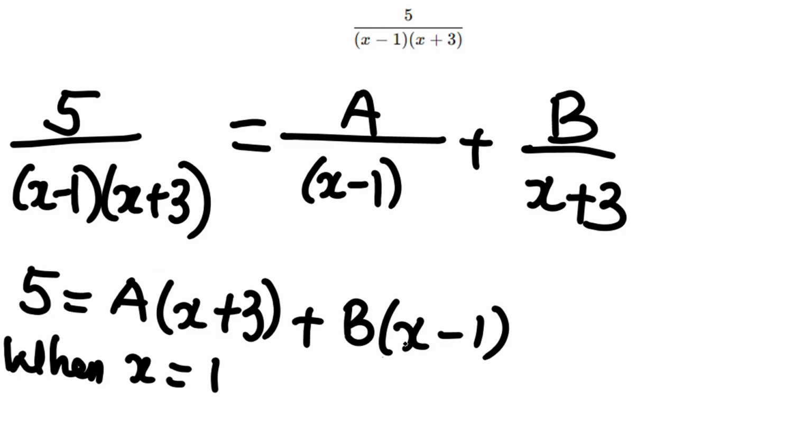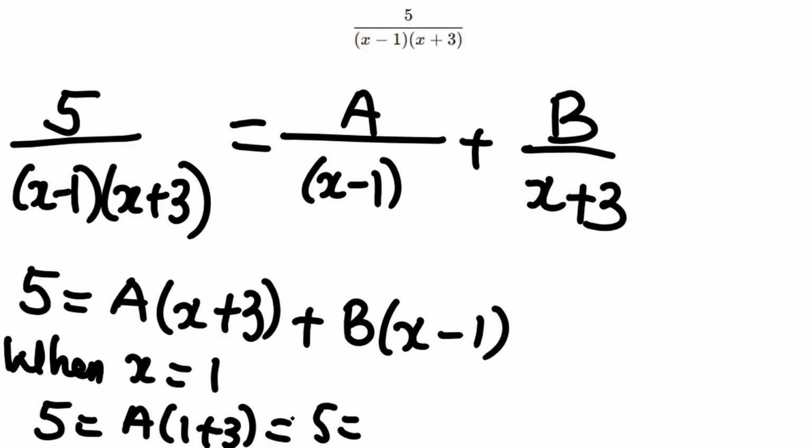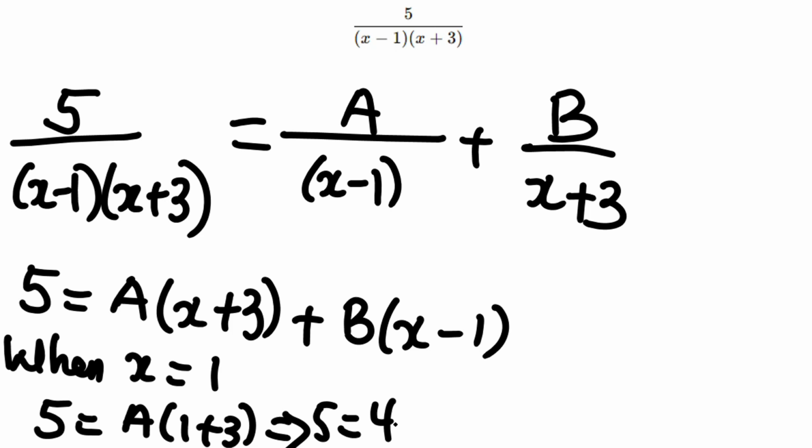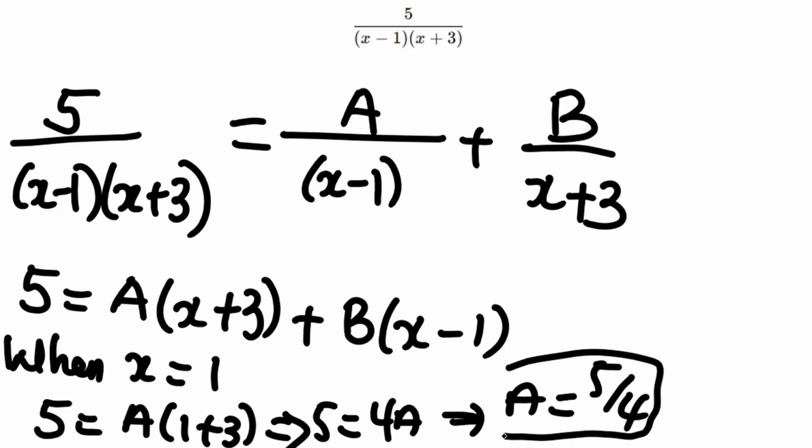So this one will be covered up. If this one is covered up, I will just have 5 equal to a into bracket 1 plus 3. That will be 5 equals 4a, which means that a is equal to 5 over 4. So this is the value for a.